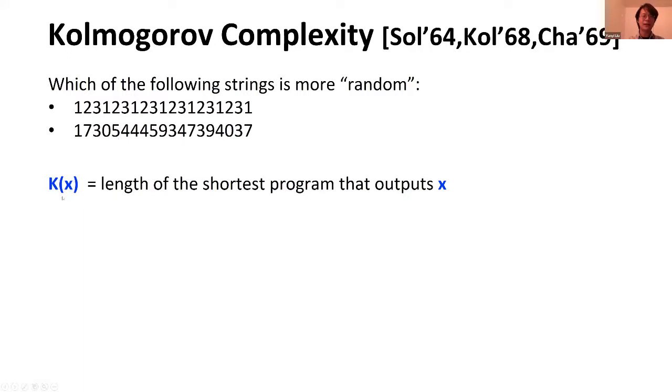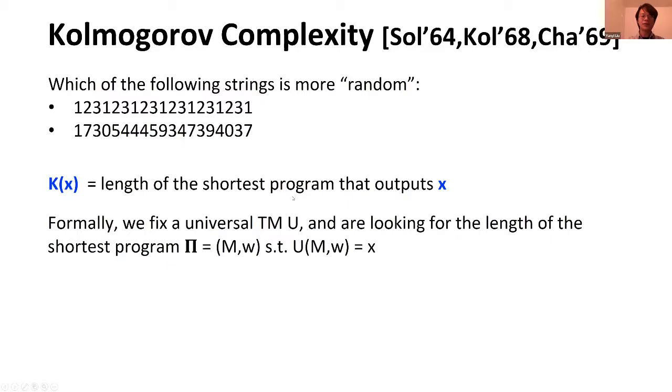K of x denotes the length of the shortest program that outputs the string x. More formally, we fix a universal Turing machine U, and we look for the length of the shortest program pi, consisting of a Turing machine M and an input tape w, such that U, when simulating M on w, outputs the string x.